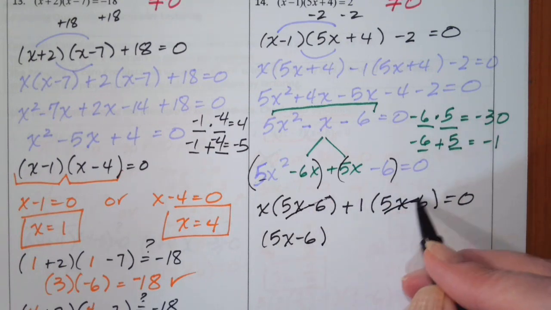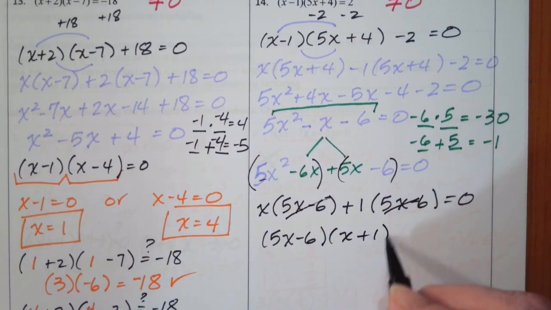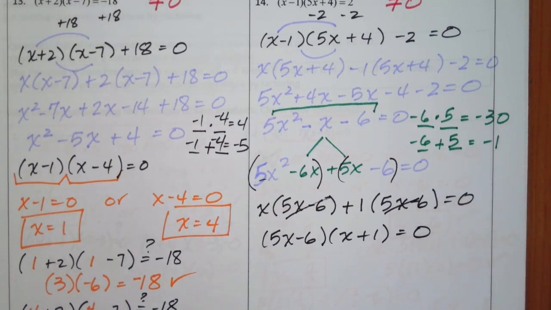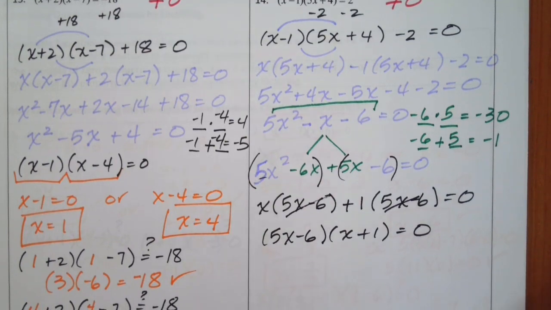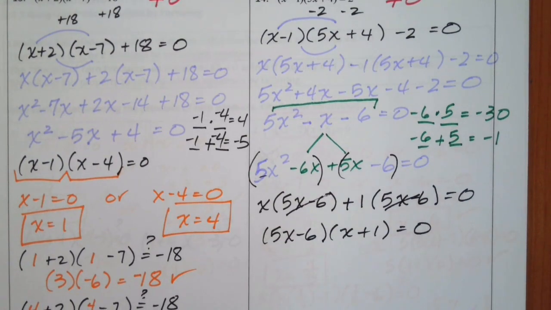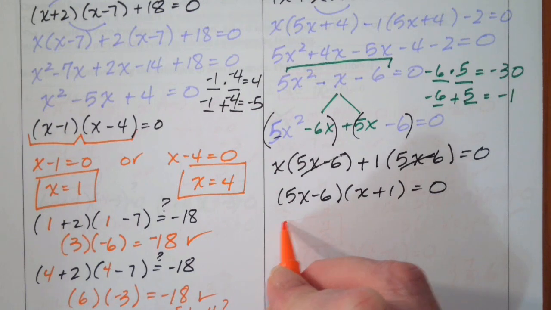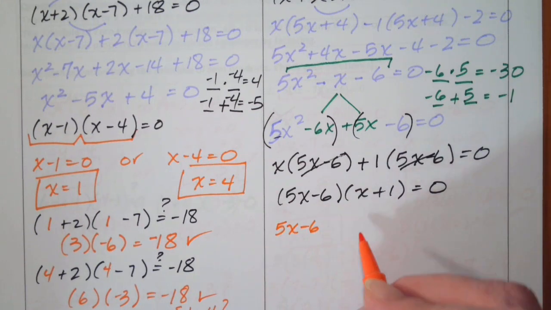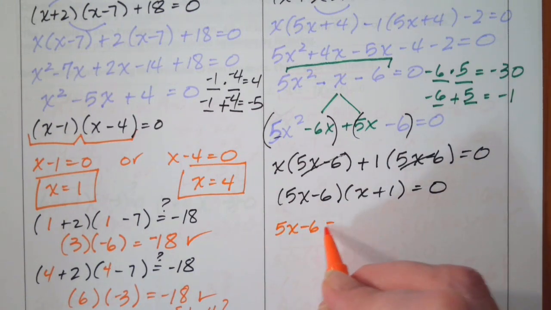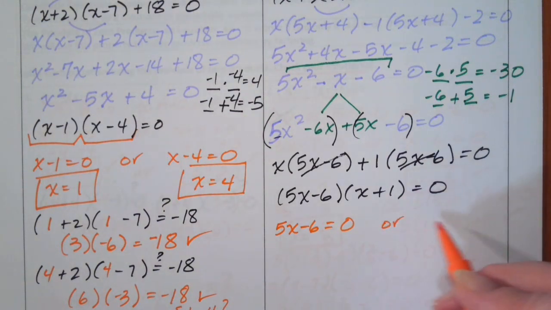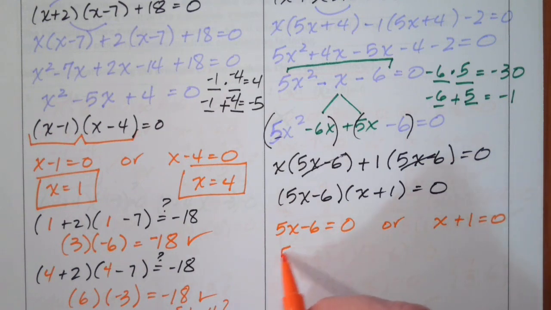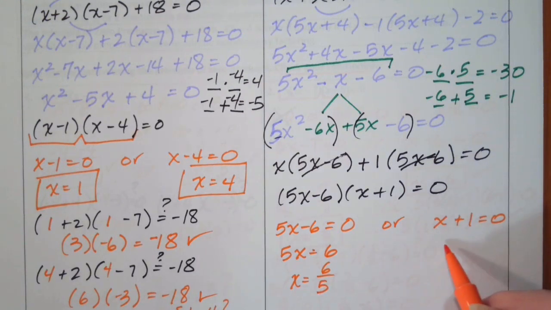And when I factor that out, I'm left with x plus 1 is equal to 0. Okay, so if 5x minus 6 times this equals 0, that equals 0. Or x plus 1 equals 0, add 6, divide by 5, subtract 1.